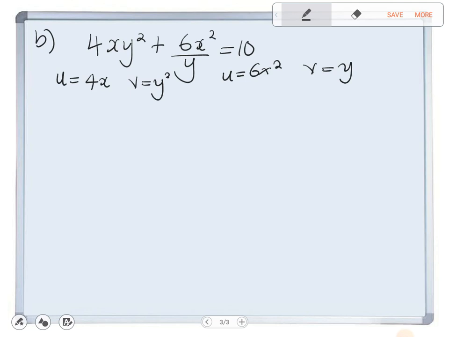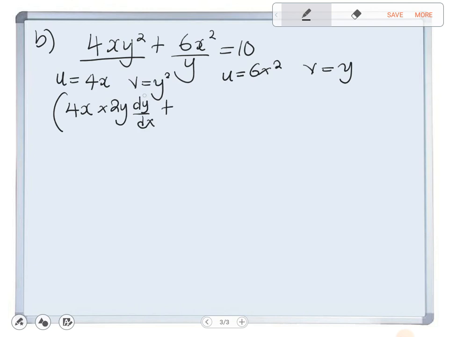Now let's apply the product rule. You know the product rule formula: u v prime plus v u prime. So we keep u and differentiate v. Differentiating y squared, we get 2y dy/dx.